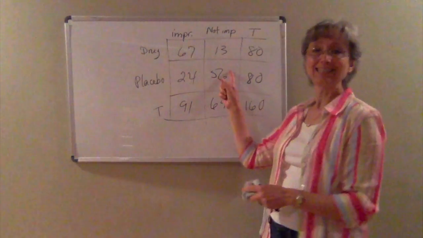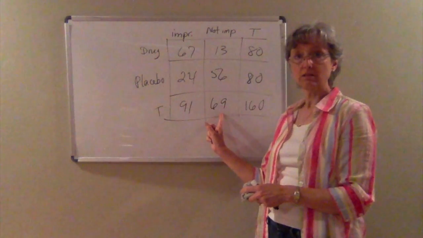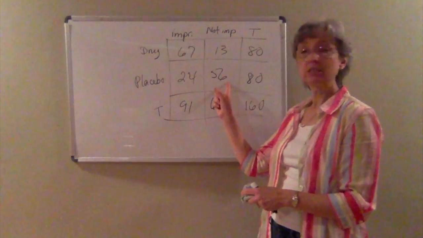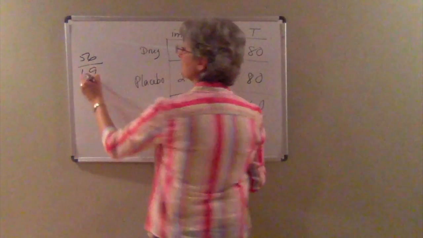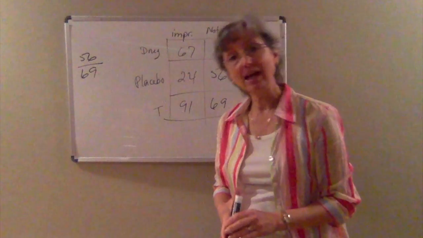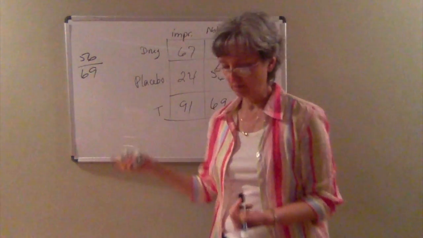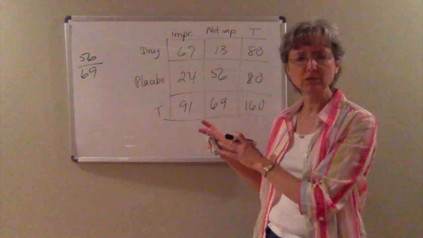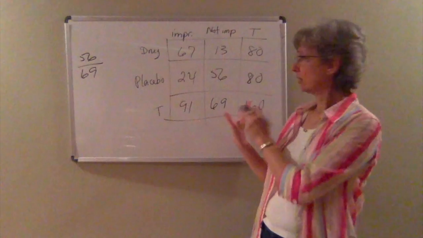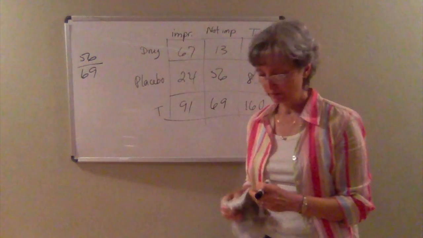Yes, so 56 out of the 69. That is that probability, which is about 81.16%. Okay? This is a review of some of the stuff that we did before. And that helps when reading a two-way table to find that kind of information.